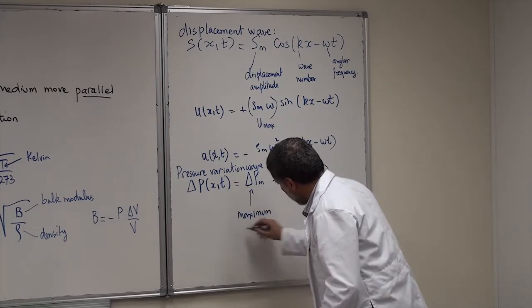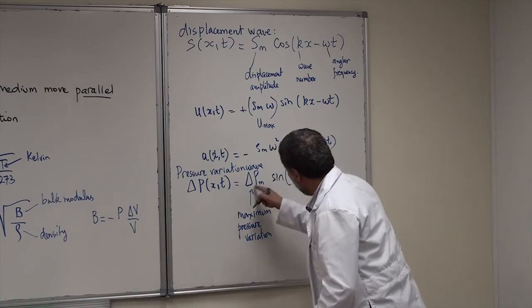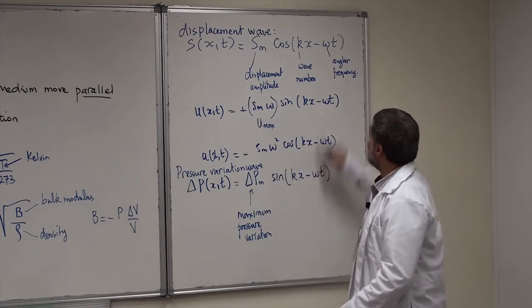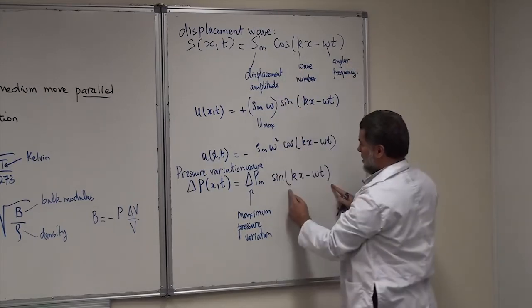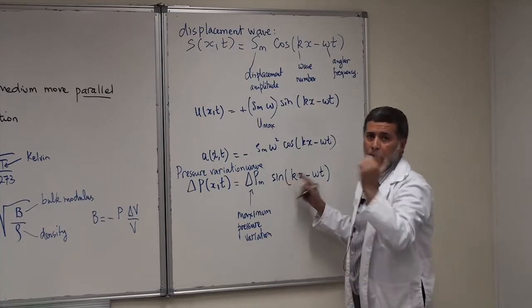pressure variation, okay? And I can show you on the simulation where this value is. And this is, of course, the wave number, and this is the angular frequency, the same. You'll notice that the argument, the phase, is exactly the same, but this one is a cosine and this one is a sine, and the shift between the two is pi over 2, okay?